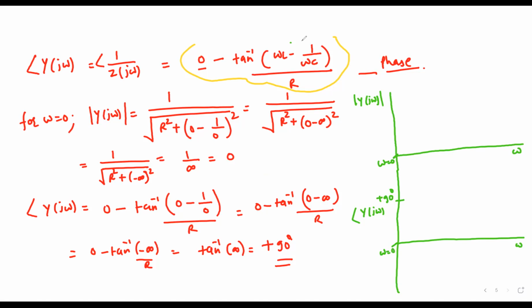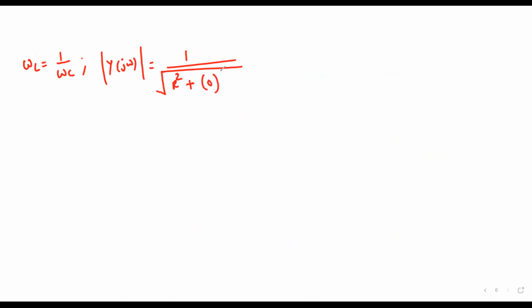Okay, next is the same value. Let's say when omega L is equal to 1 over omega C. In that case, we can again see how the response looks. This term in the denominator is now 0, and we see that the admittance has a finite value given by the value of the resistor.